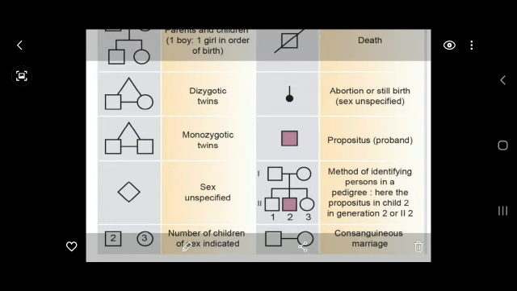If the line is drawn like this, one line and a dot, then it is called a stillbirth or aborted, or the sex is not specified. So the square fully shaded is called the propositus.